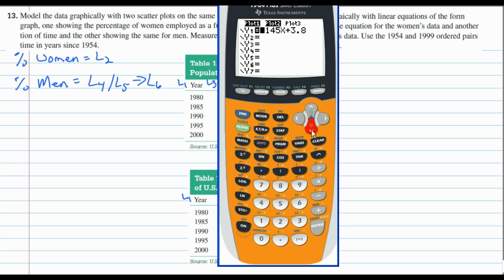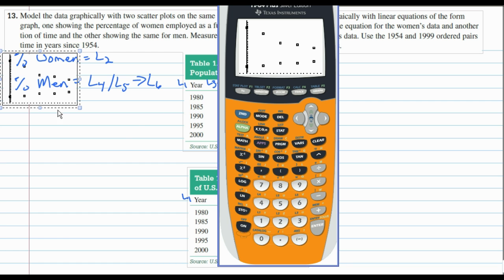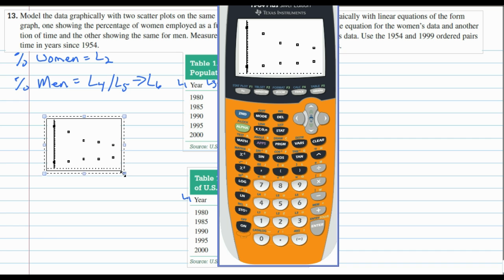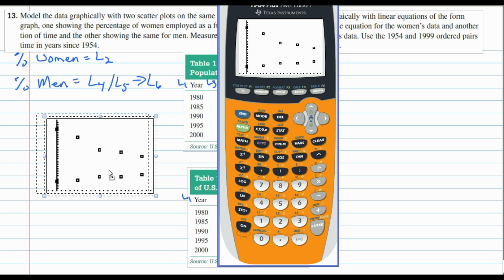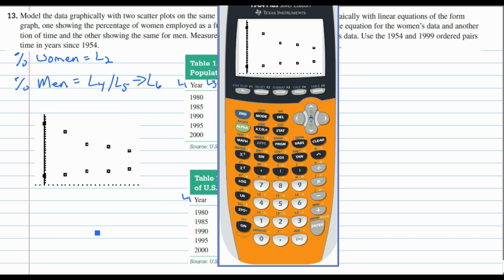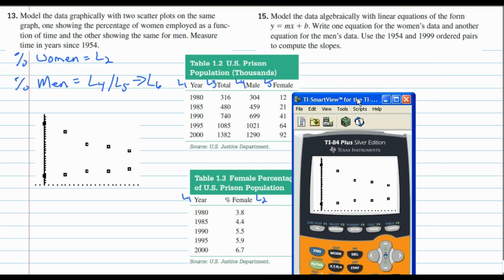I'm going to clear out the equation I have in y1, and I'm going to zoom 9. So I'm going to zoom around all that data. There are my two stat plots showing the percentage of men and the percentage of women over time in prison populations since 1954.